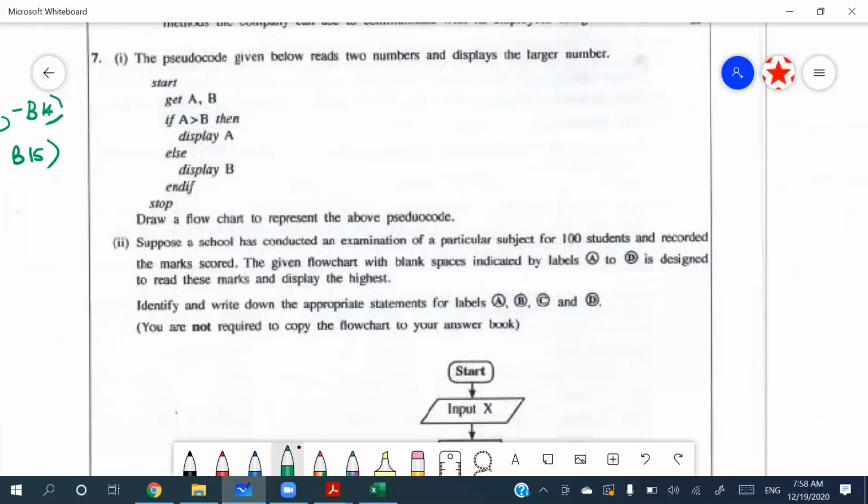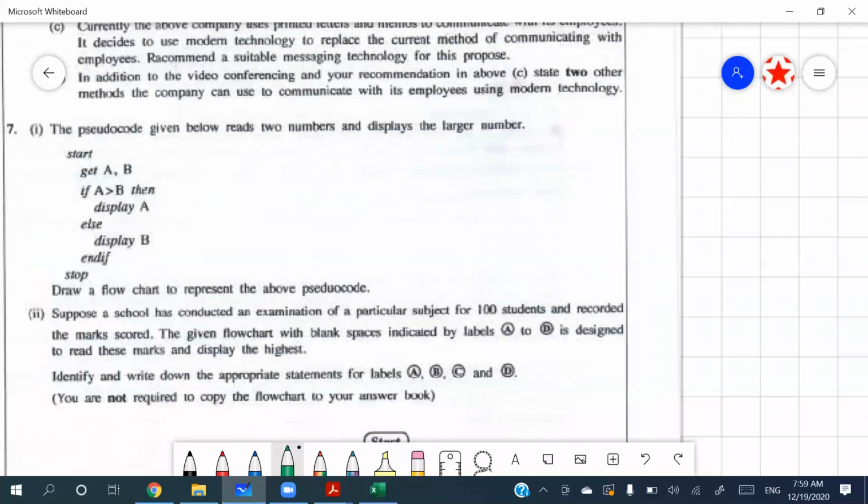The pseudocode given below reads 2 numbers and displays the larger number. It says start, get A comma B. If A larger than B, then display A, else display B, end if, and stop. Draw a flow chart to represent the above pseudocode, which is a very simple one when you are given the pseudocode, right?